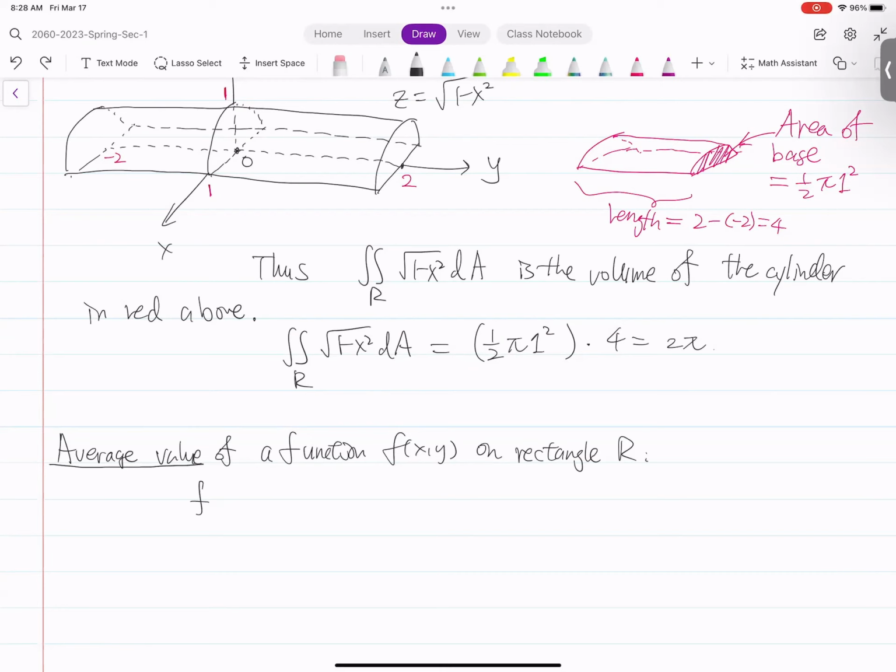So if you think about the average value of a function with only one variable, it's just going to be the area under the curve over the width of your interval, right? But then it's also a similar division. So now you calculate the volume of the solid, and you just divide by the area of the base. So A of R represents the area of the rectangle.